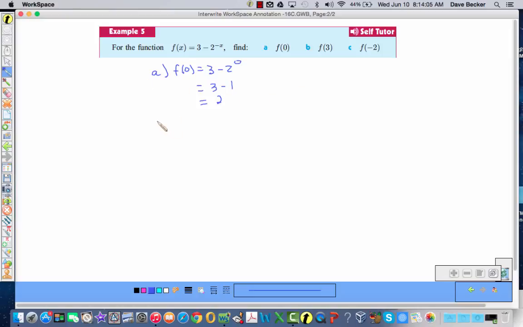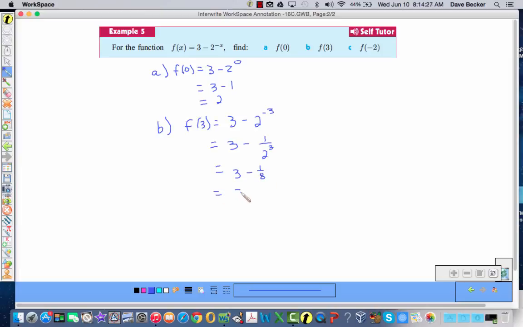So for b, they're asking for f of 3. That would be 3 minus 2 to the negative 3, yes. So that would be 3 minus 1 over 2 cubed, which would be 3 minus 1/8.